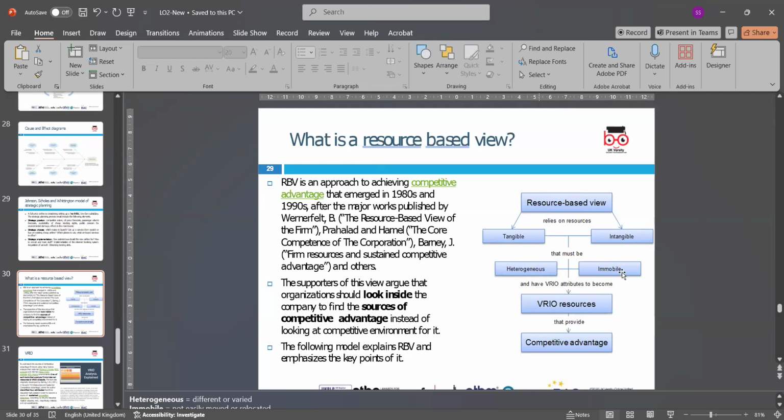Immobile, they are not movable. So when you are having resources, these should be heterogeneous and these should be immobile. Okay, if everyone has the same resources, then what kind of benefit is it going to give to you?